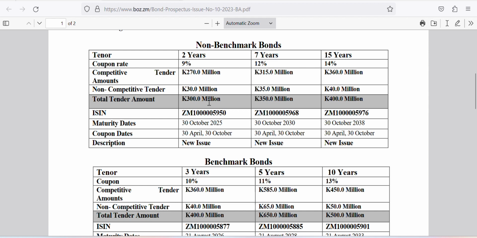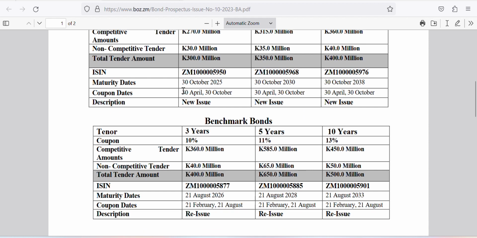So that's the other thing that you see on the prospectus.